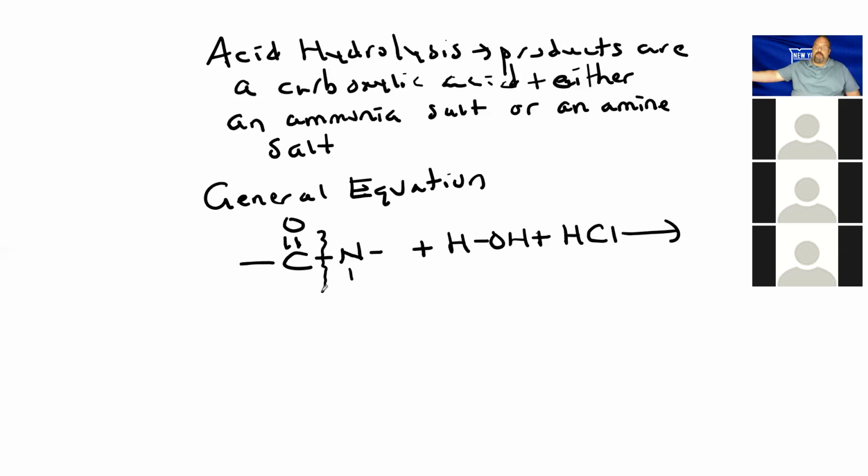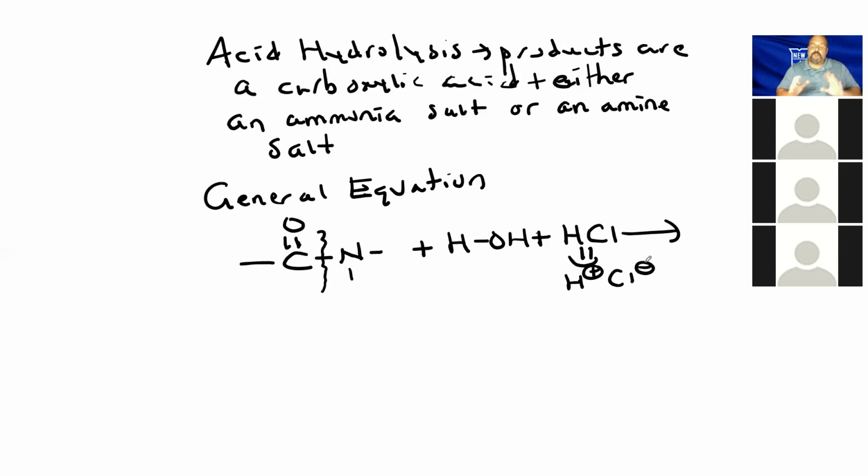And then the nitrogen part, of course, has to be the nitrogen portion. The other thing is, just like we did a few minutes ago with HCl, we're going to think about the HCl as H plus and Cl minus.